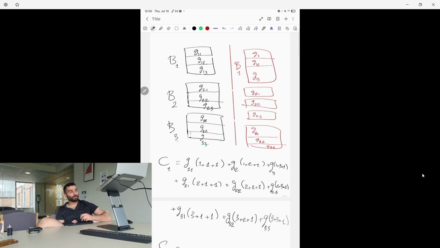So this time it will be G11 times 1, G12 times 2, G1N1 times N1, plus G21. What will G21 be?